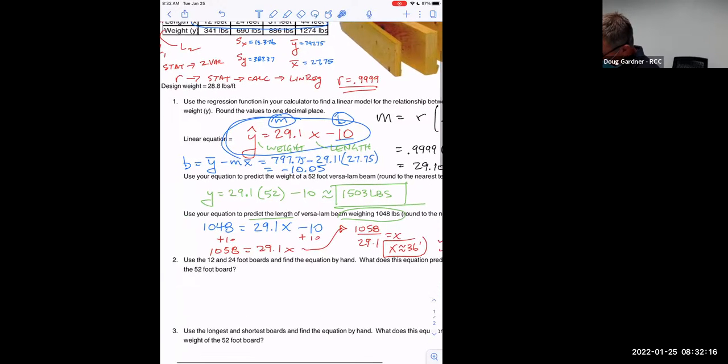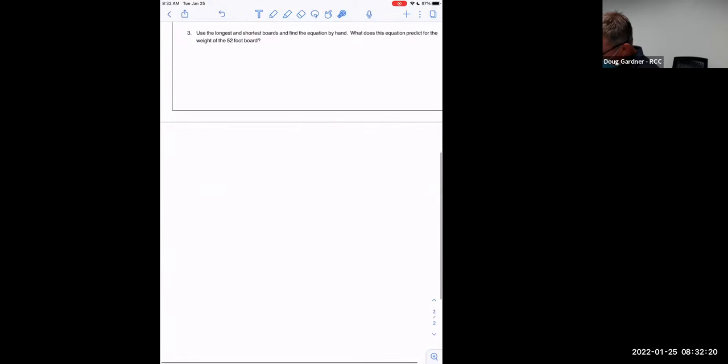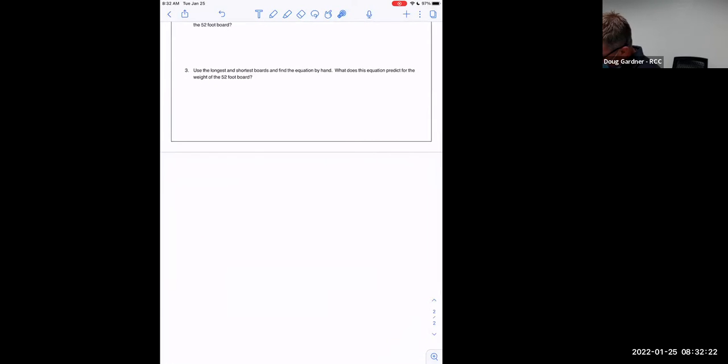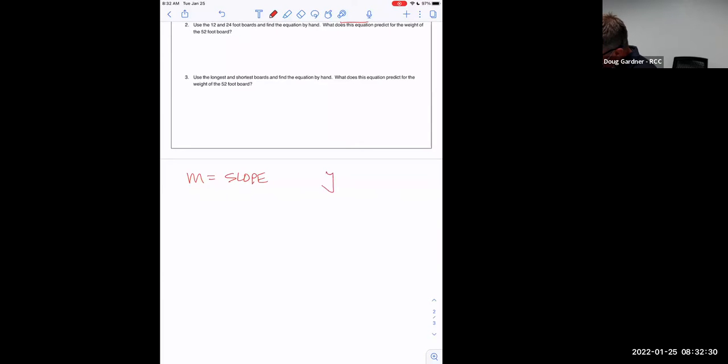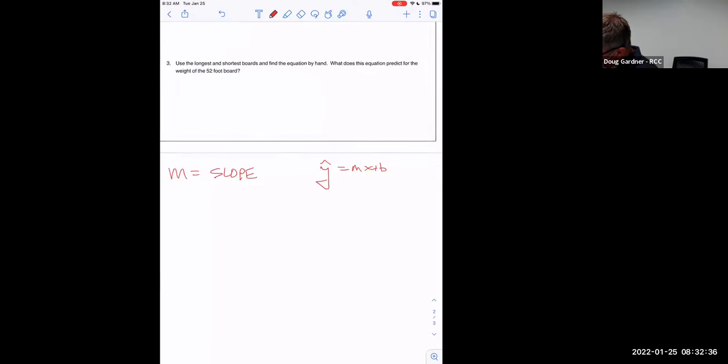So I want to say something, I think I'll go down below. So in the equation, this is typically the way mathematicians write this equation.